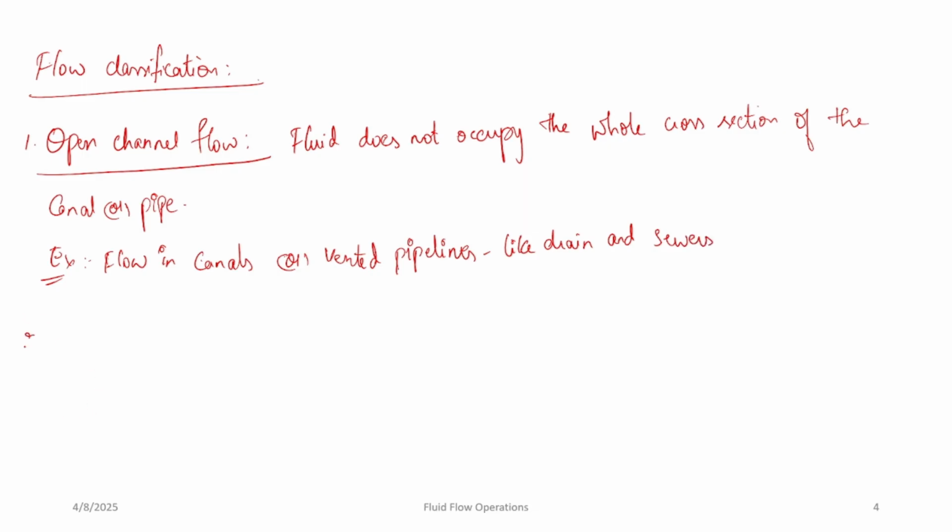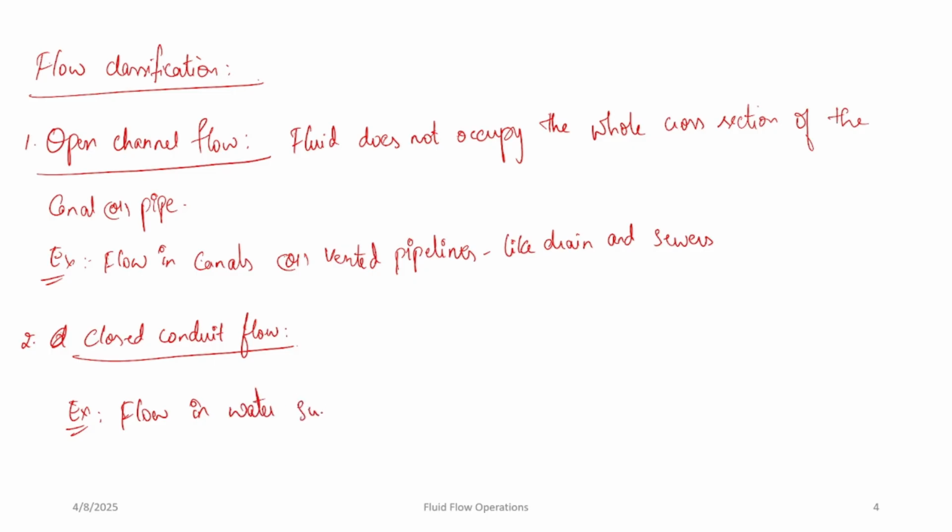The second type is closed conduit flow. Examples: flow of water in pipelines, flow in water supply pipes, or district heating pipes.